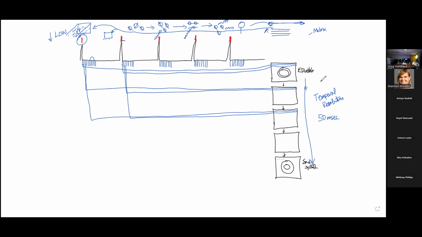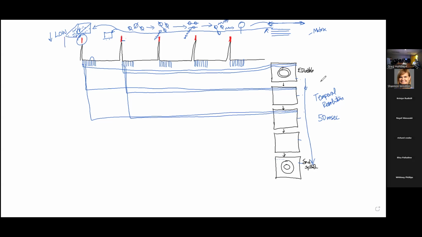So think about in the cath lab, when you're taking those cine movies, you can talk about the temporal resolution in milliseconds, but a lot of times you talk about frame rate. You guys talk about frame rate in the cath lab? So you need a very high frame rate of these pictures that are being captured, and that frame rate is about 50 milliseconds, okay?